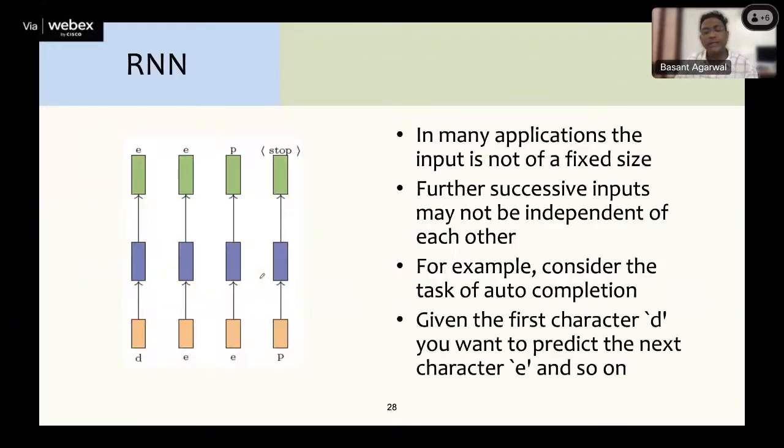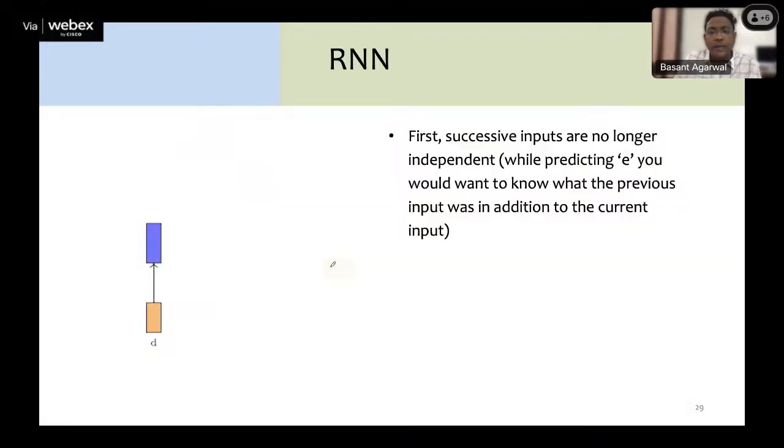Now we start with some applications, like the character prediction problem. Let's say we have one character as an input, and this is a hidden layer connection. What we want here is that successive inputs are no longer independent. While predicting the next character, we would be happy to predict it based on the previous character.